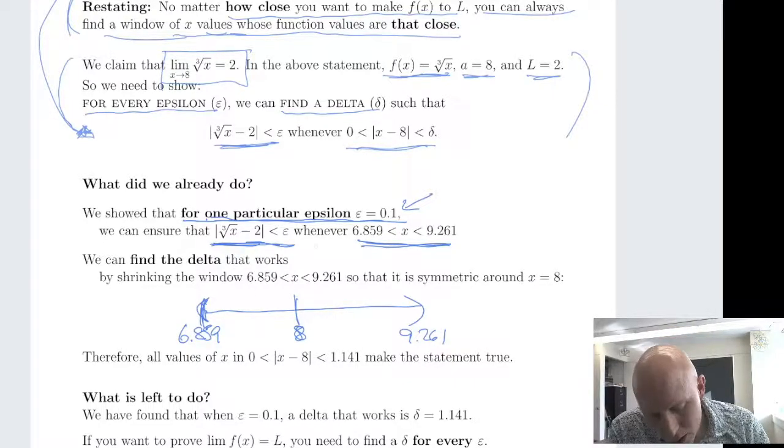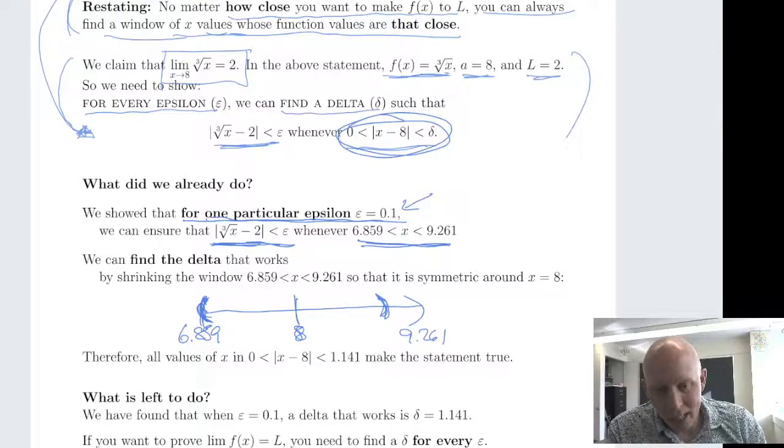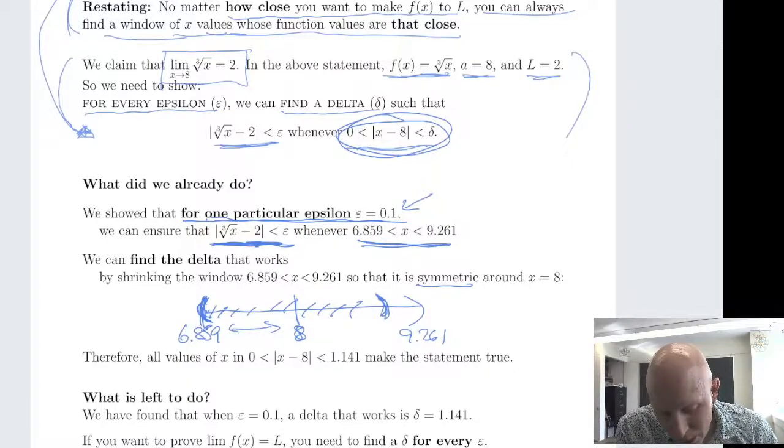And so what we want to show is that there is some window around 8 where everything in that symmetric window gives a function value between 1.9 and 2.1. So if we look at this, the distance between 8 and 6.859 is 1.141.